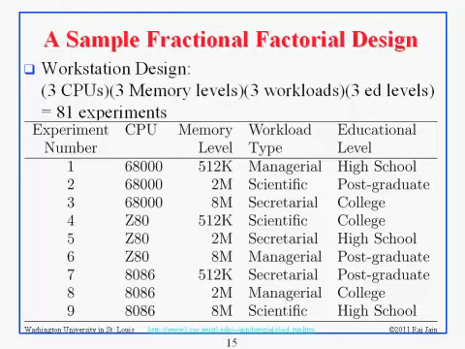Every memory level is combined with other factors. So this has been very carefully designed such that we have gotten almost as much information as if you would have done all the combinations, although the number of combinations is much smaller. Instead of 81, we are just doing 9 experiments.